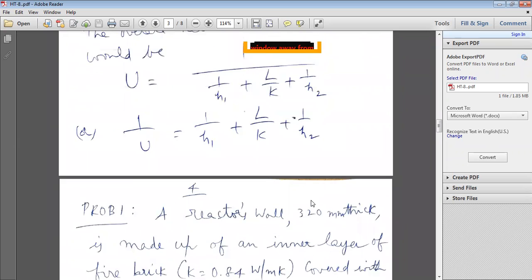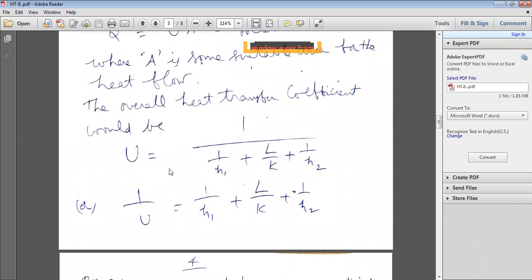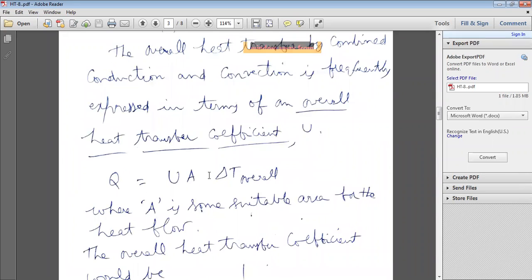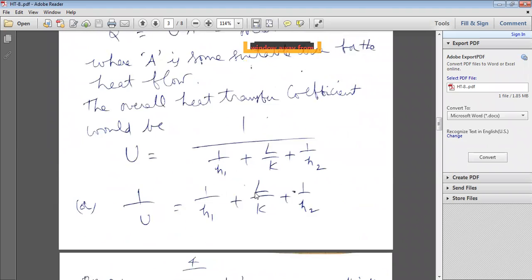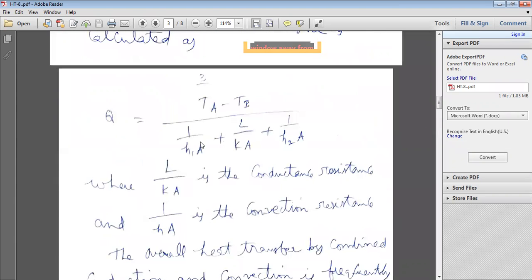Just like Q equals H A delta T in the convective environment, where H is the convective heat transfer coefficient, here we call it U. If you combine convection and conduction, you can calculate the heat transfer Q equal to U, the overall heat transfer coefficient, into area, into delta T overall, the overall temperature drop. This formula is very, very important.